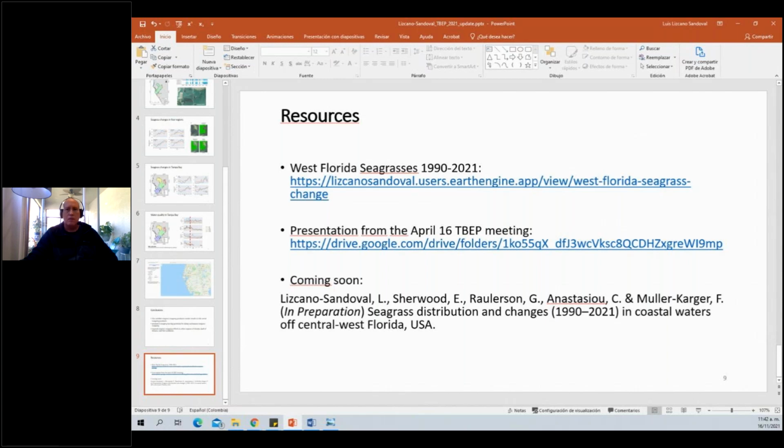That's not, as far as I can tell, captured as consistently by the remote sensing. So that's something to think about as we're going through this. That's an issue with our aerial mapping as well. When you start getting into those real patchy or sparse beds, it's tough to resolve that signature.